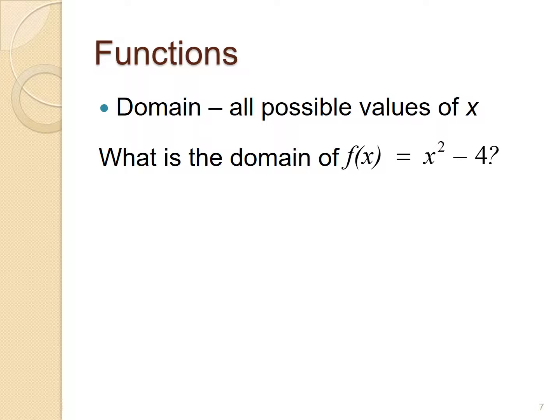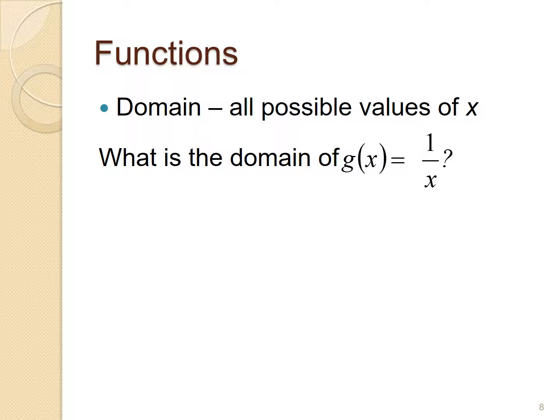Couldn't I put anything into it? 0, 100, 1,000, -3, -3 million? Sure, you could. And you quickly realize that the domain is going to be all of the real numbers. Using interval notation, you'd say it's parenthesis, -infinity, comma, infinity, close parenthesis. And that would mean that it's all the values from -infinity to positive infinity.